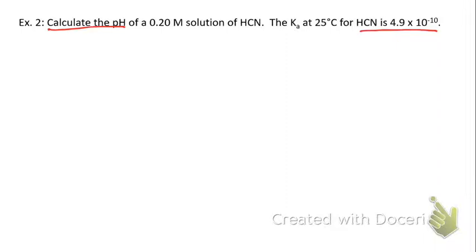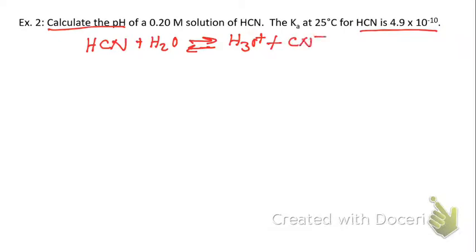So again, I'm going to start out with an equation where I take my weak acid, HCN, and since a base is not listed here, I will assume my base is water, and it will form an equilibrium with the hydronium ion and the cyanide ion.